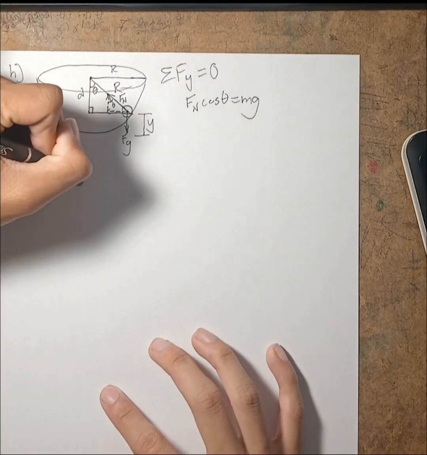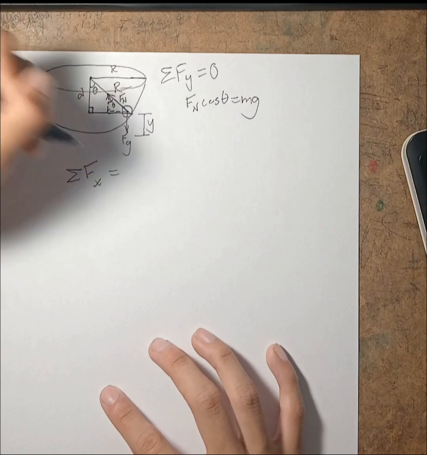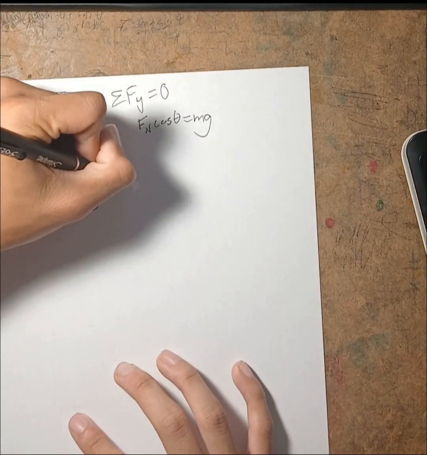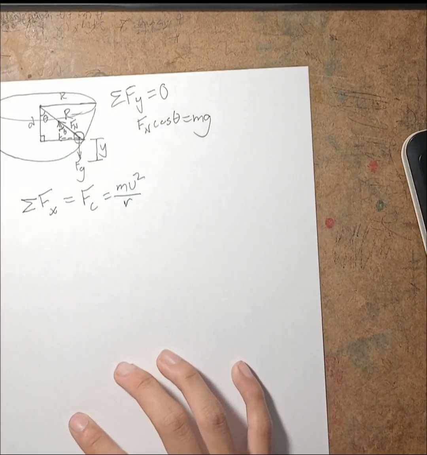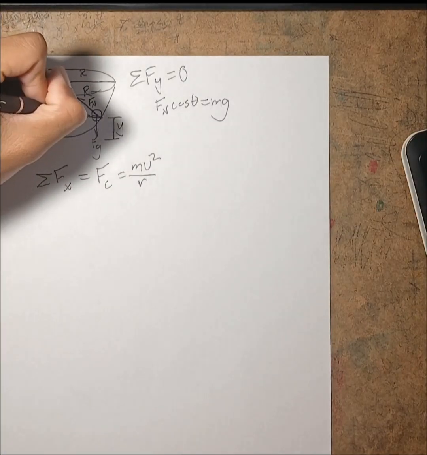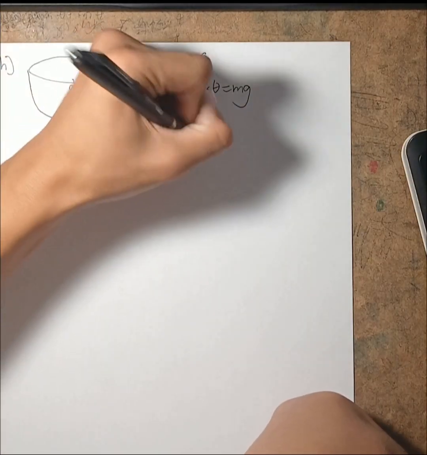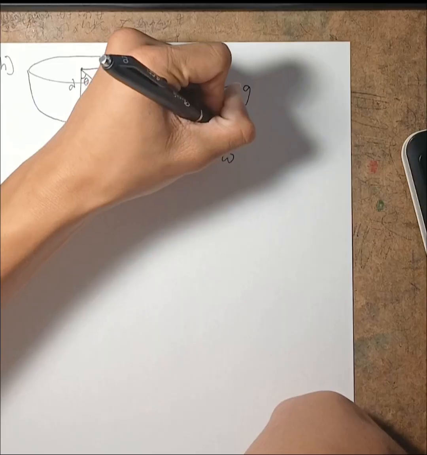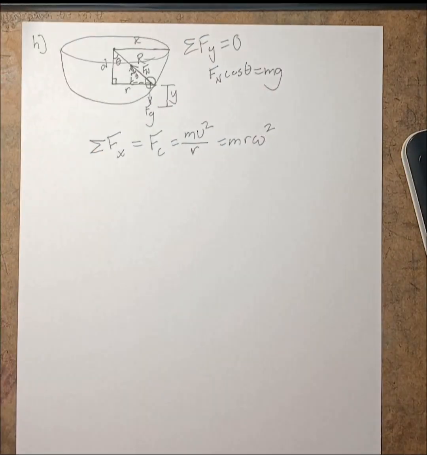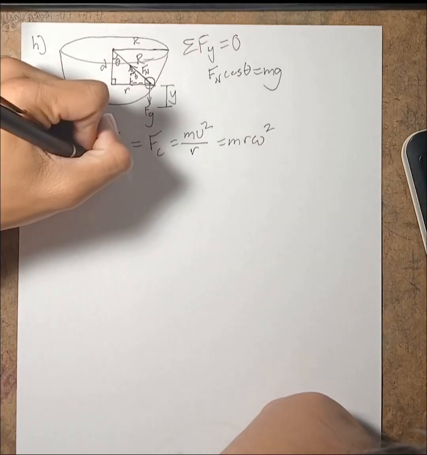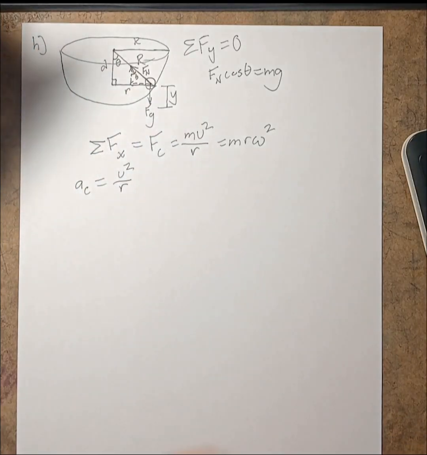As for the x direction, it is simply our centripetal force, which is m v squared over little r, little r being this distance here. And we can turn that into m r omega squared because we want this in terms of omega.